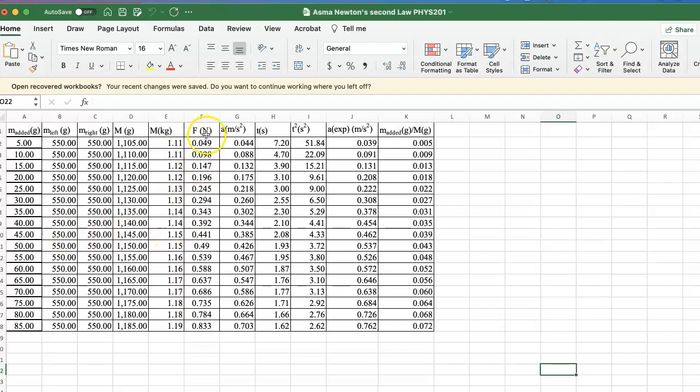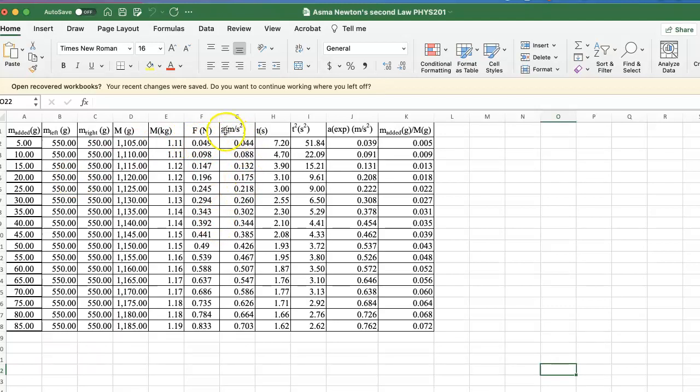Now, for the force, this is going to be the difference between the 2 masses times g. It should be in kilograms, because this is the difference between the 2 masses, which is the mass added. You're going to convert this into kilograms and then multiply by 9.8 to calculate the force.